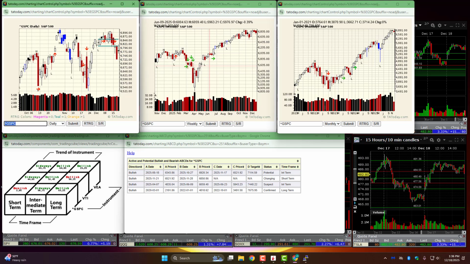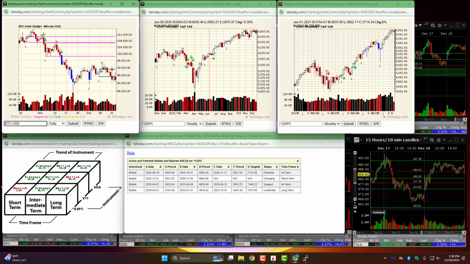I want to point you to something else I haven't talked about, but I think is important, which is Bitcoin. If you look at Bitcoin, this thing cannot hold price, right? Every time it tries to push up, it gets pushed right back down. This area down here at 80, if this folds, it's going to 74, right? 74 is the number.